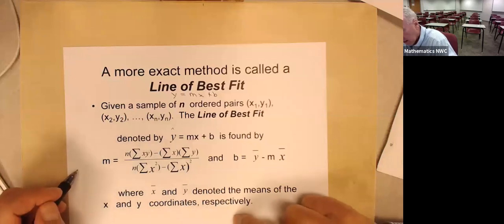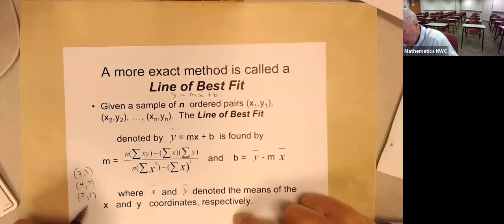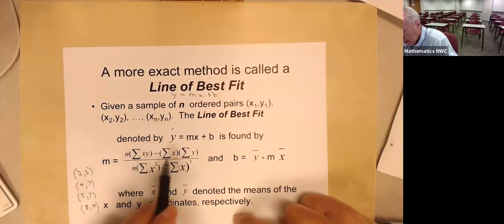For example, I might have ordered pairs. I'm going to keep these really simple now. Let's go 4, 7. Let's go 5, 7. And let's go 8, 14. These four would likely not be on a straight line, but a line of best fit would be the best approximation of that line. I can get my slope using this formula.